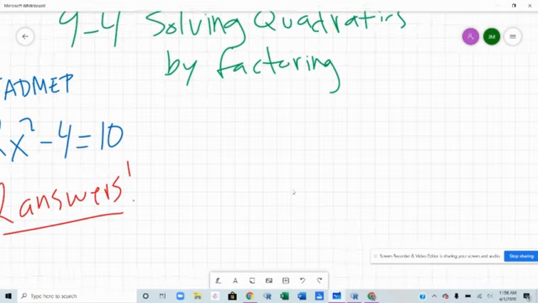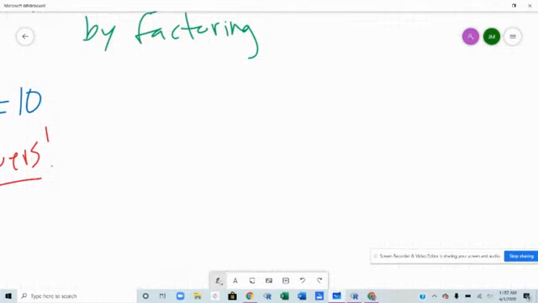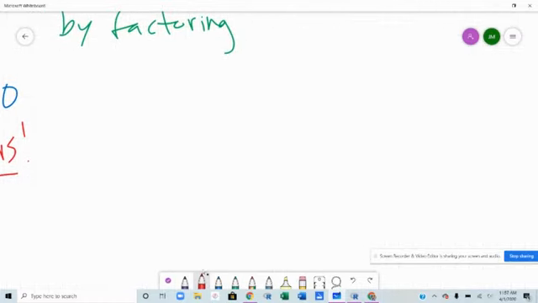Now, let's talk about a very basic introduction. Something that is going to be used in this lesson is called the zero product property.